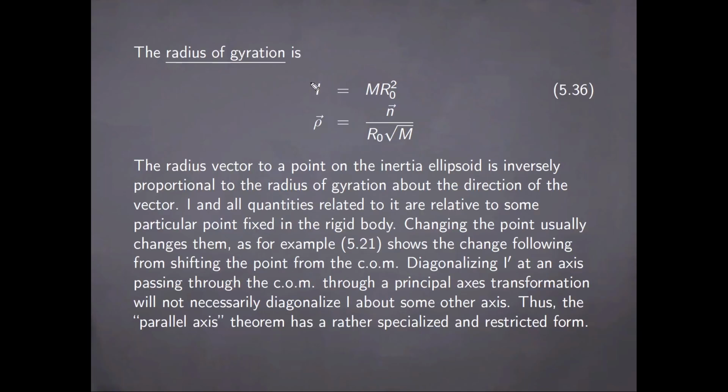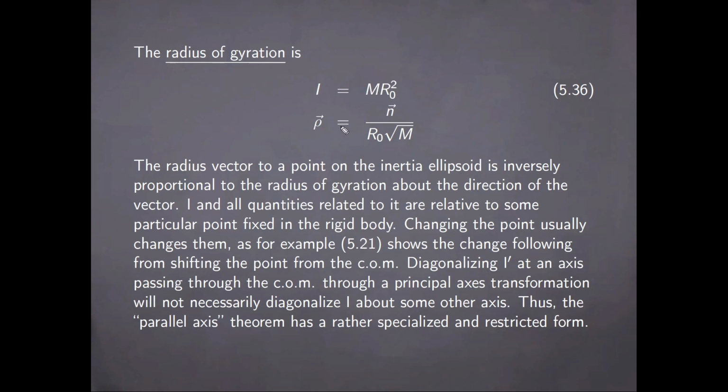Another useful concept is the radius of gyration, which is given by the expression here. So the moment of inertia is equal to the total mass of the rigid body, as if concentrated in a point located at a radius with respect to the rotation axis, which is known as the radius of gyration.